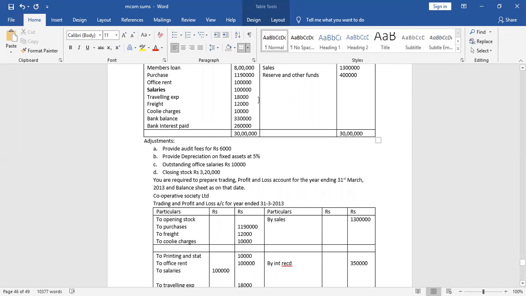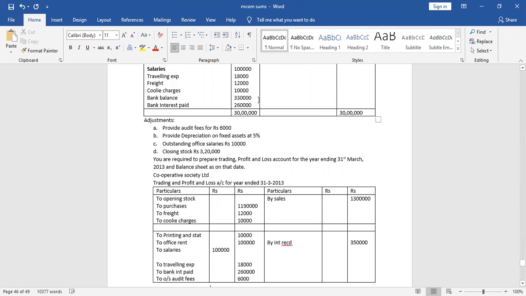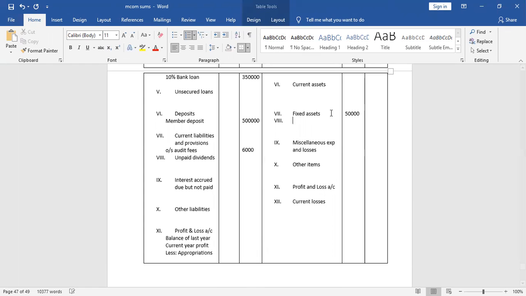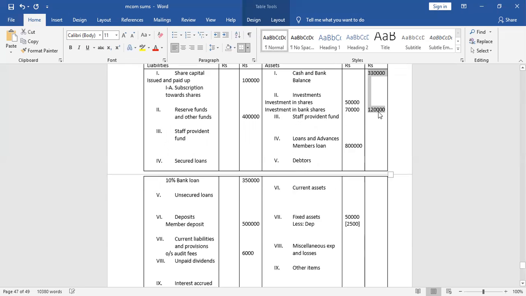Adjustment: depreciation of 5% on fixed asset. So on the fixed asset I will write less depreciation. Less depreciation 5% will be 2,500, correct?